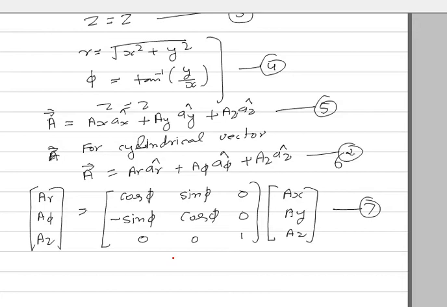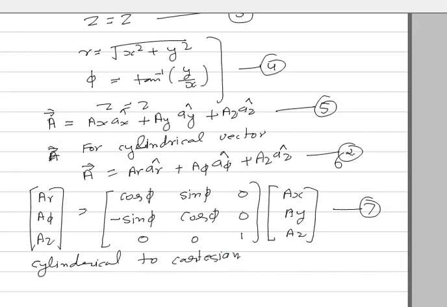Similarly, vice versa, if you want to convert a cylindrical coordinate into Cartesian, then you can use the second matrix equation, cylindrical to Cartesian.